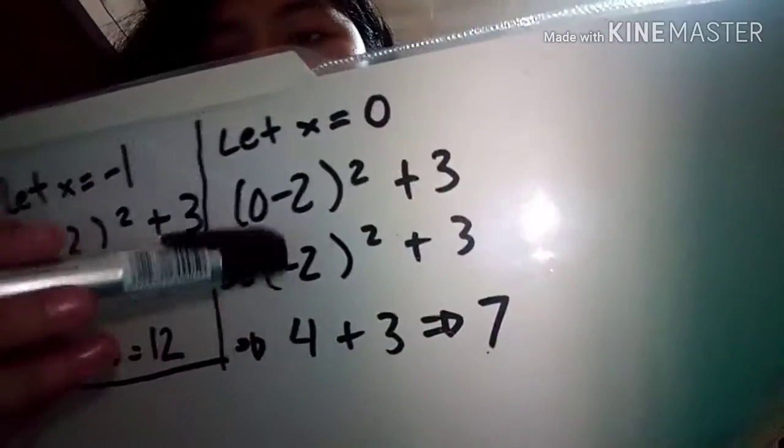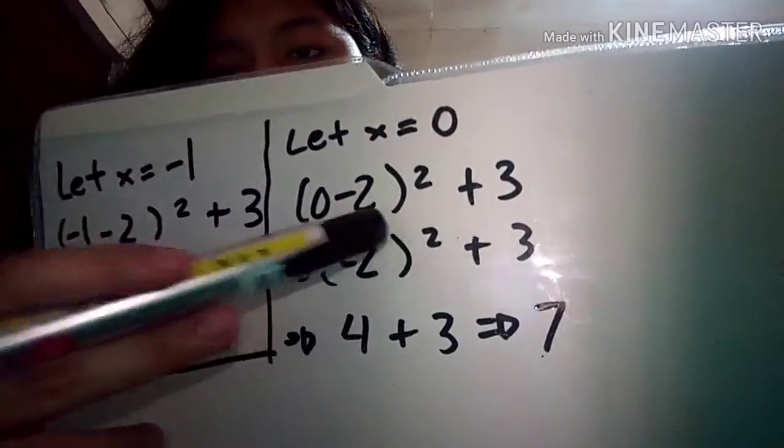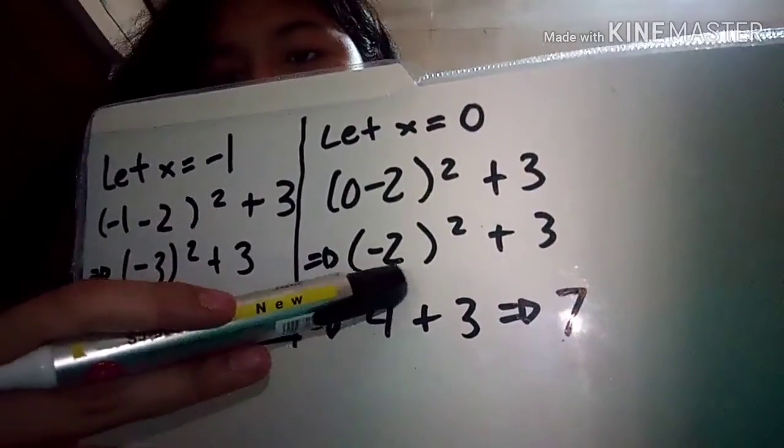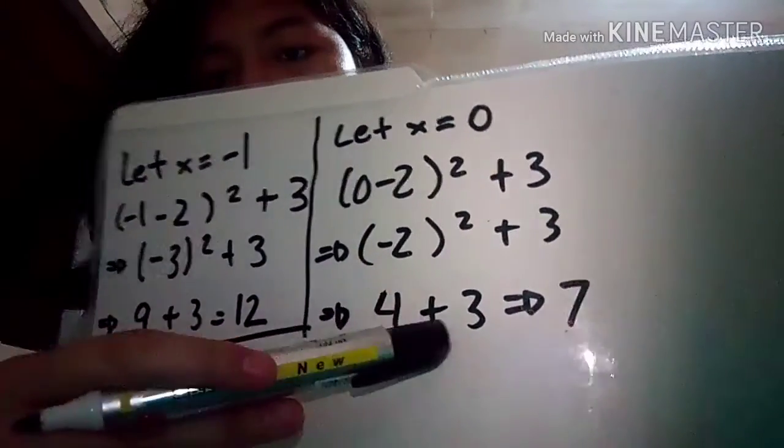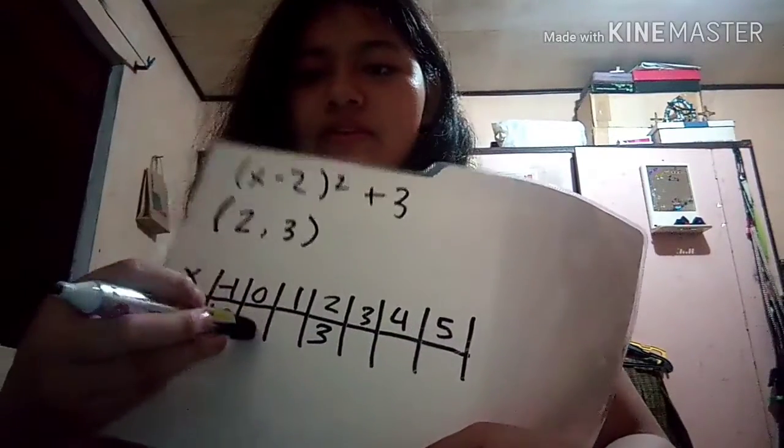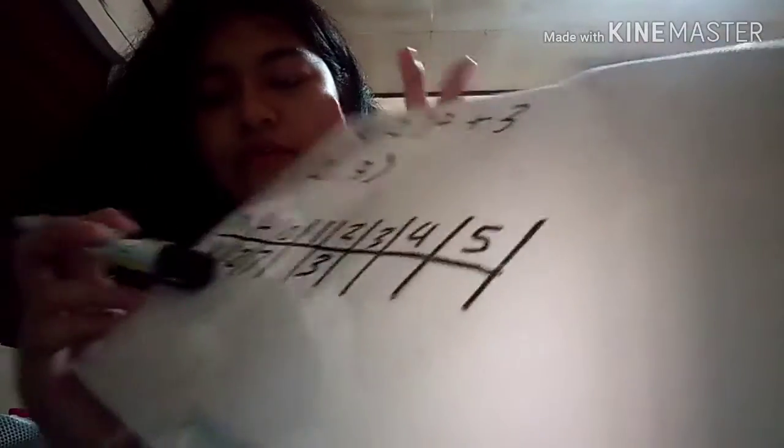Wait, 4, 6, 7. Sorry, 7. See? 0 minus 2, negative 2. Negative 2 squared is 4. 4 plus 3 is equal to 7. So now I'm going to take my box again, and right under 0, we're going to put 7, right over there.